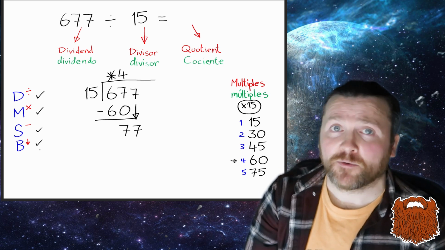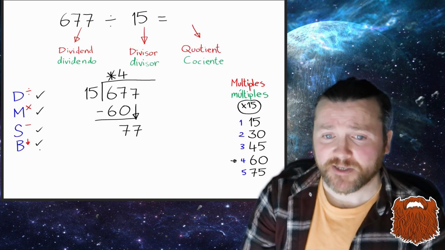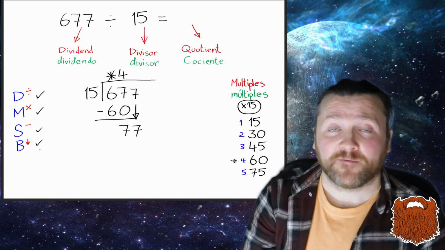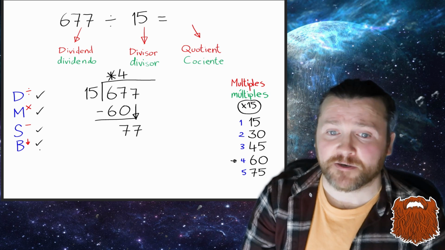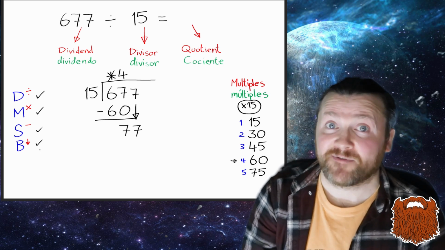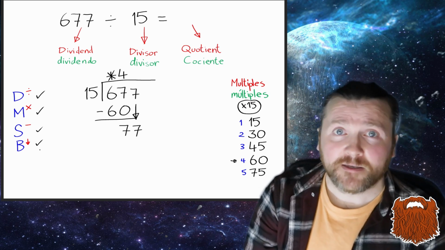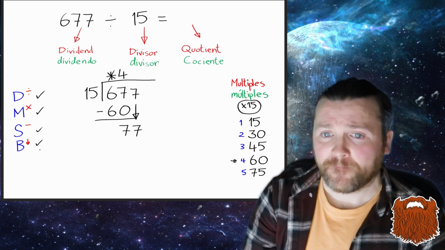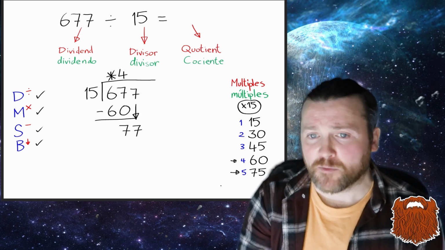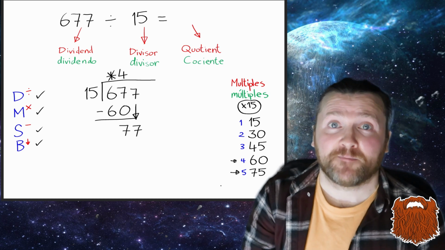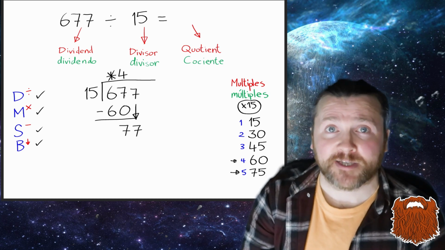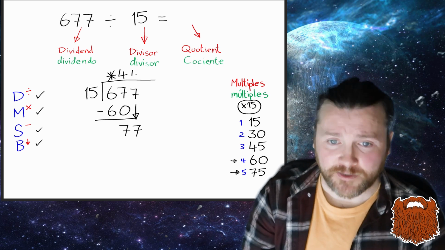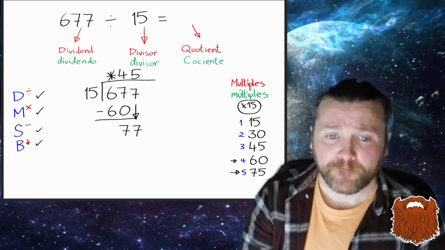That's our steps done. We go back to the start. So, this time we're dividing 15 into 77. So 15 is still our divisor, but this time we're dividing it into 77. So, first step, divide. We know from our multiples that 75 is the biggest number we can get without going over 77. So we put our 5 up in the quotient line.